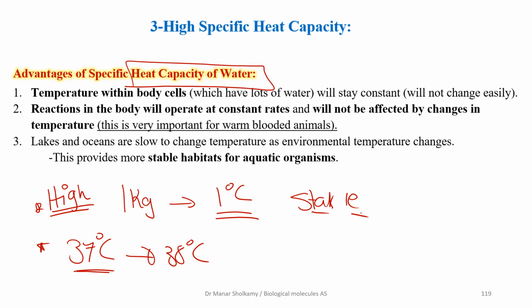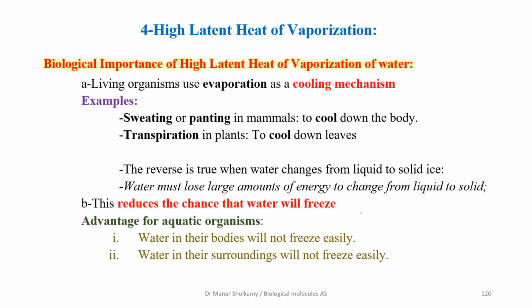Clear? Another advantage. It has a high latent heat of vaporization. Again, physics. What is latent heat of vaporization? To change from what? Exactly. Okay. How can this be explained? Very simply speaking, this is your skin and this is a drop of sweat, which is mainly water.